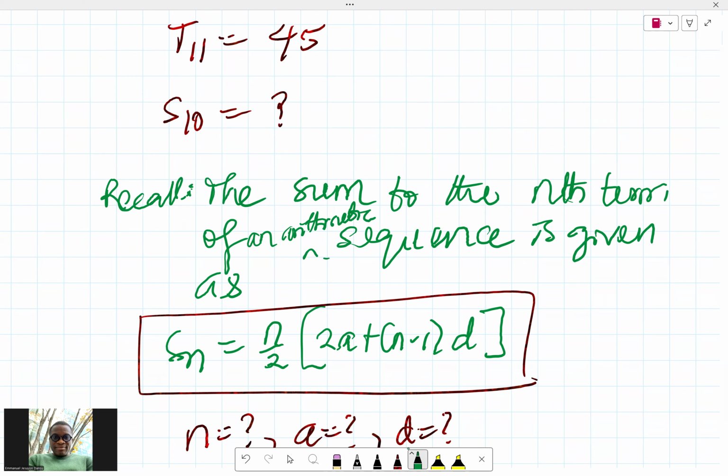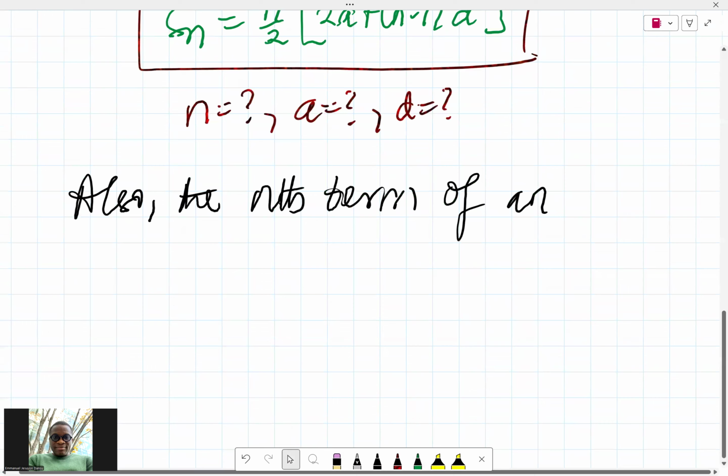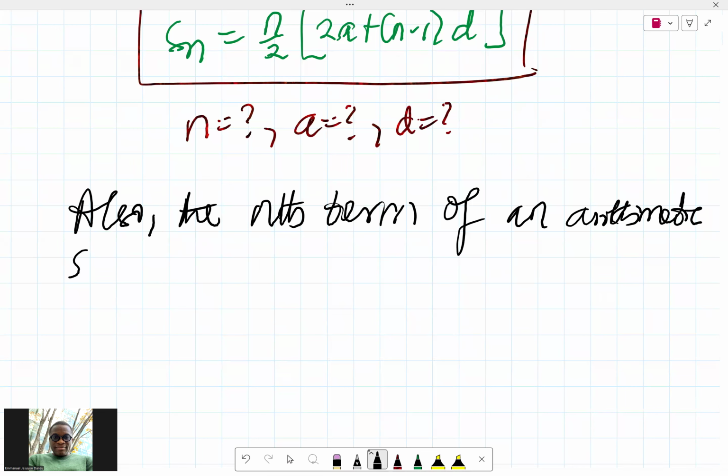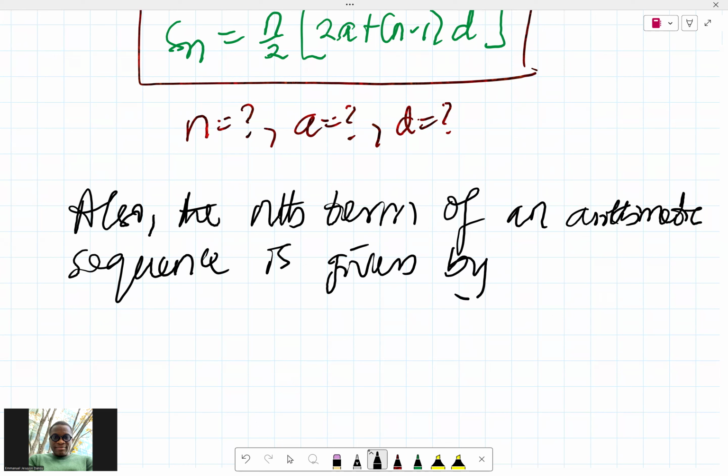Again here, the nth term of an arithmetic sequence is given by Tn equals a plus (n minus 1)d.